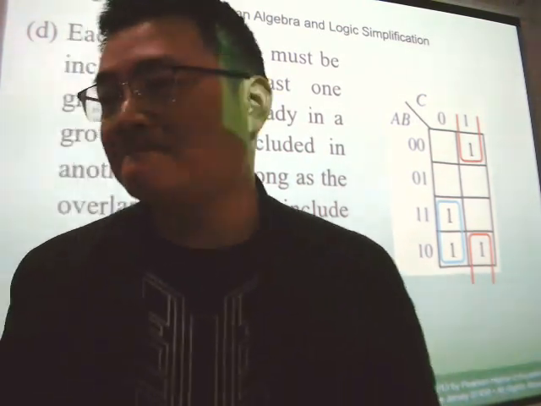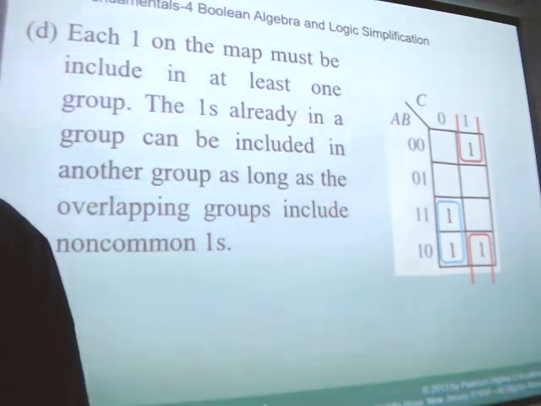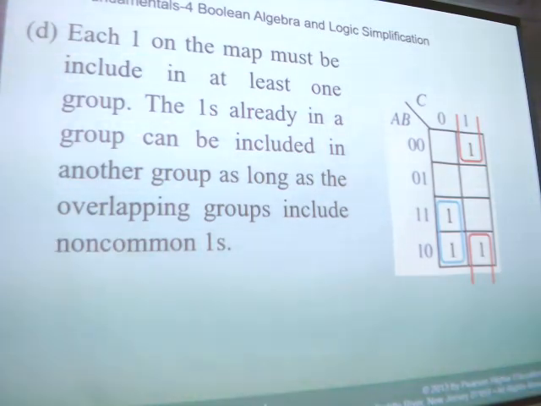For this example, if the four ones are adjacent to each other, we must divide the four ones into one group. This is one group. And the four ones here are in one group, and the four ones here are in one group.